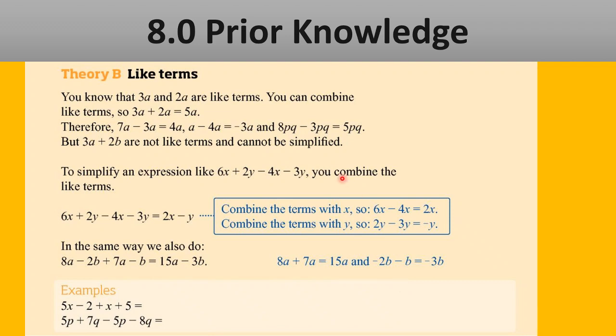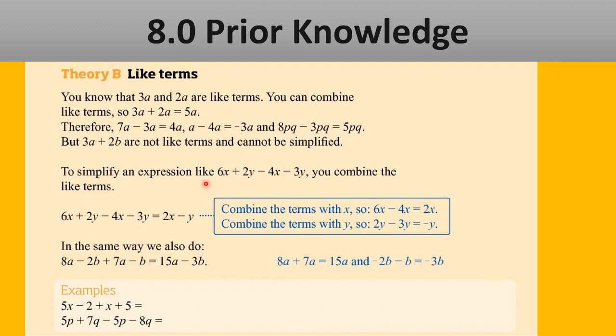For example, 3a plus 2a, they both have a's in them, so adding them together gives me 5a. 7a minus 3a, remember, this is something with a, this is something with a, those are like terms, so I find 4a. 3a plus 2b are not like, so you cannot simplify them, right? Sometimes I made that joke in class, if you do 3 apples plus 2 bananas, you don't find 5 applenanas or 5 pineapples or something. You cannot add those things, so you cannot simplify them.